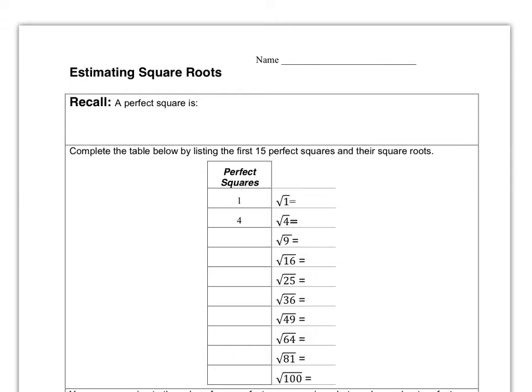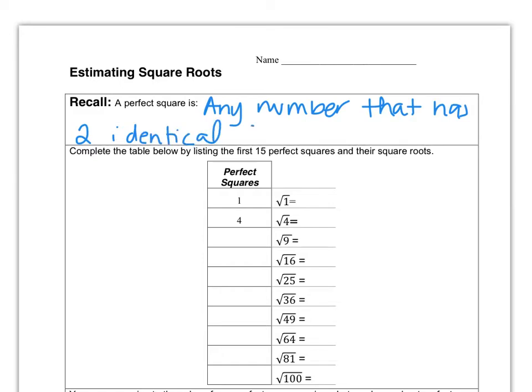Okay, so if you remember, a perfect square is any number that has two identical factors. And I think I said this in the other notes, think twins.